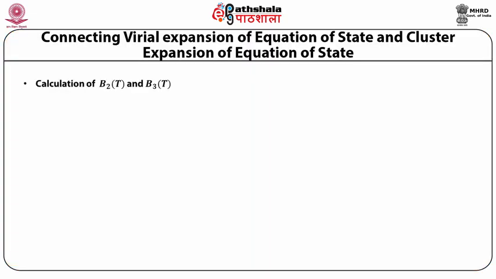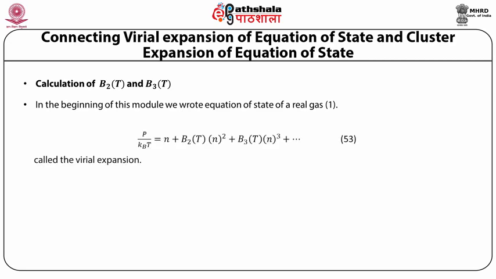Calculation of B2 as a function of T and B3 as a function of T. In the beginning of this module, we wrote the equation of state of a real gas, equation 1, called the Virial expansion, namely P upon kBT is equal to n, the number density, plus B2(T) multiplied by number density square plus B3(T) multiplied by number density cube plus so on.